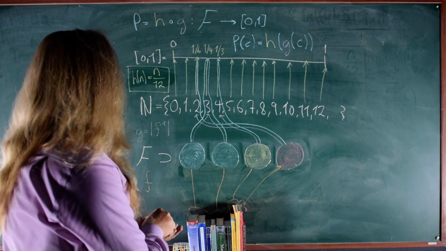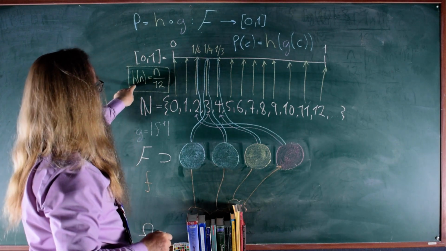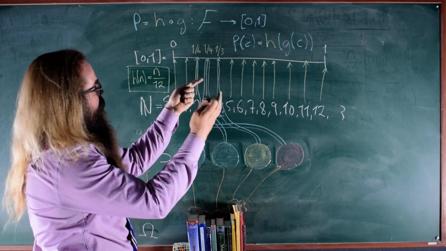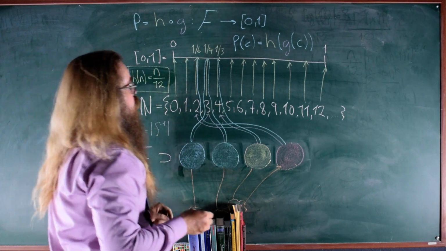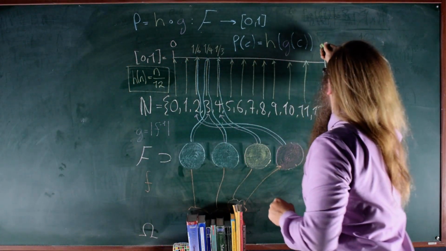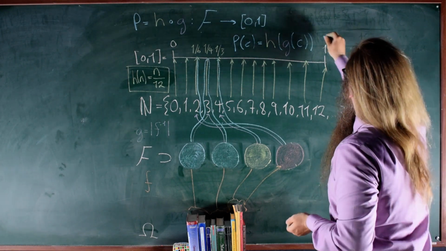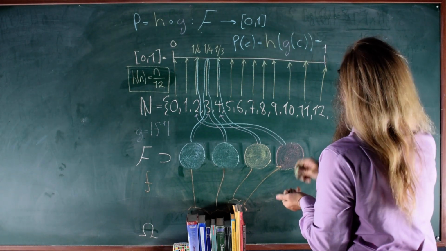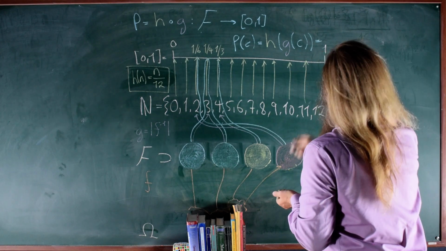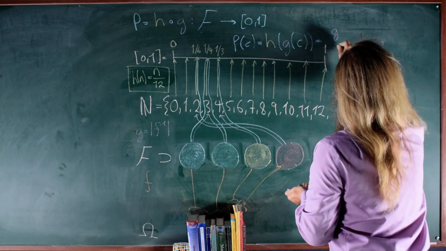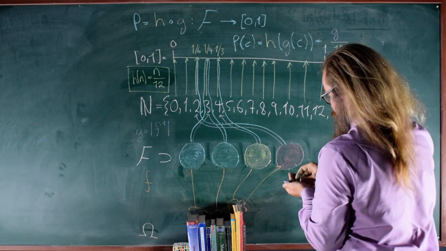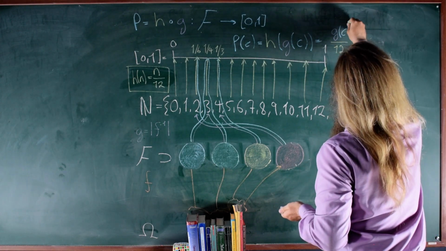Well, the process of doing h is taking the value from the domain and dividing by 12. So this is going to be the same thing as g divided by 12 of the color.